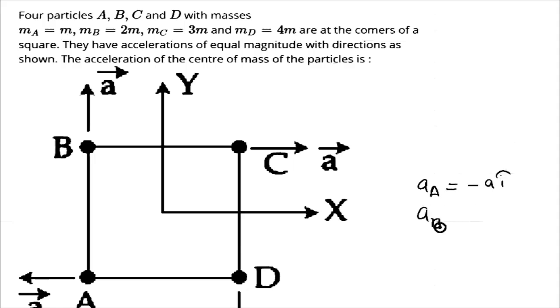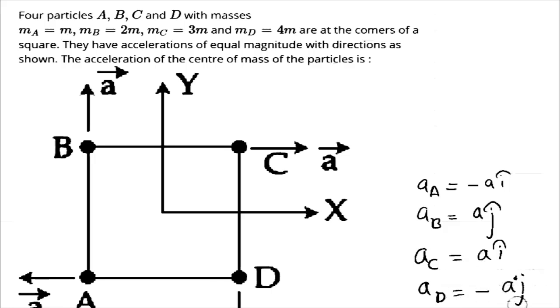Acceleration of B is upward, so I will write a j cap. Acceleration of C, you can see, so I will write this. Acceleration of D, you can see it is downward, so I will write minus a j cap.